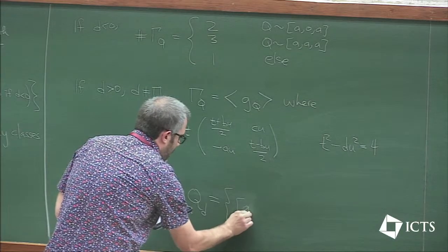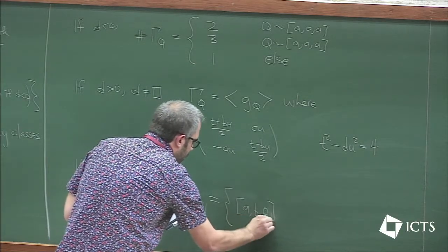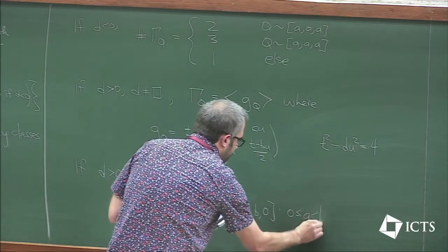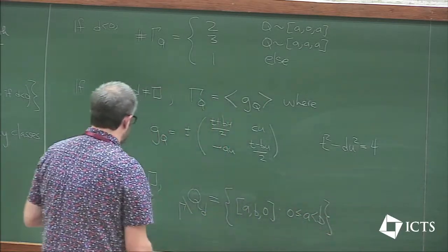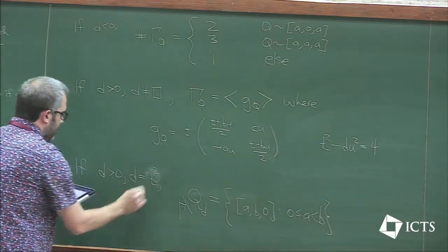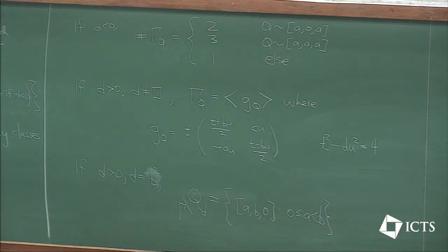It's [a, b, 0], such that 0 is less than or equal to a is less than b. And what is b? Well, instead of writing square here, maybe I'll just say d is b squared. So that just tells you about the whole group. Okay, any questions so far?